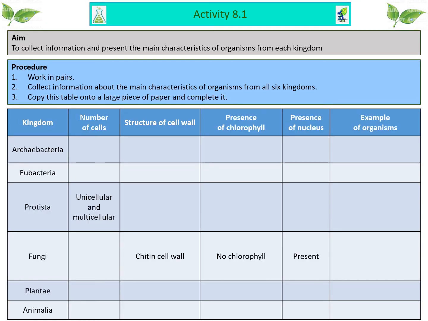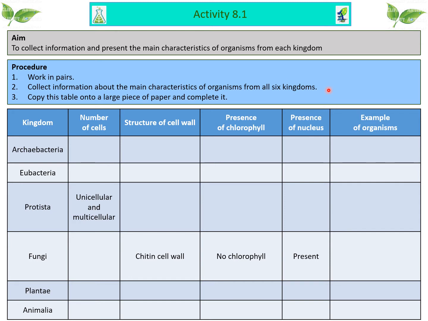Activity 8.1. The aim of this activity is to collect information and present the main characteristics of organisms from each kingdom. The procedure: number 1, work in pairs, and number 2, collect information about the main characteristics of organisms from all 6 kingdoms, and then copy this table onto a large piece of paper and complete it.